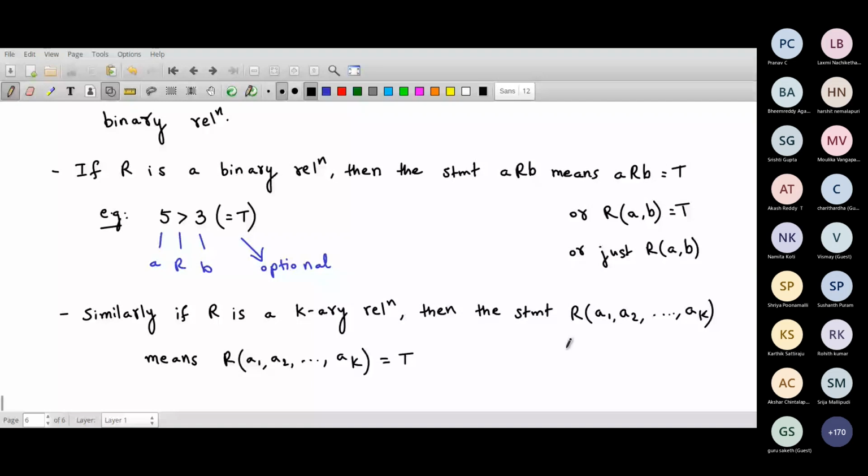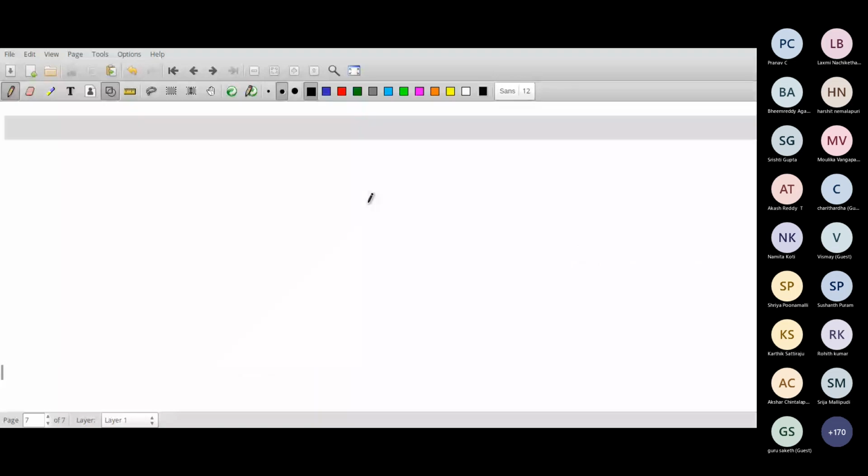Now let's take an example. Let R be greater than relation, or GT.